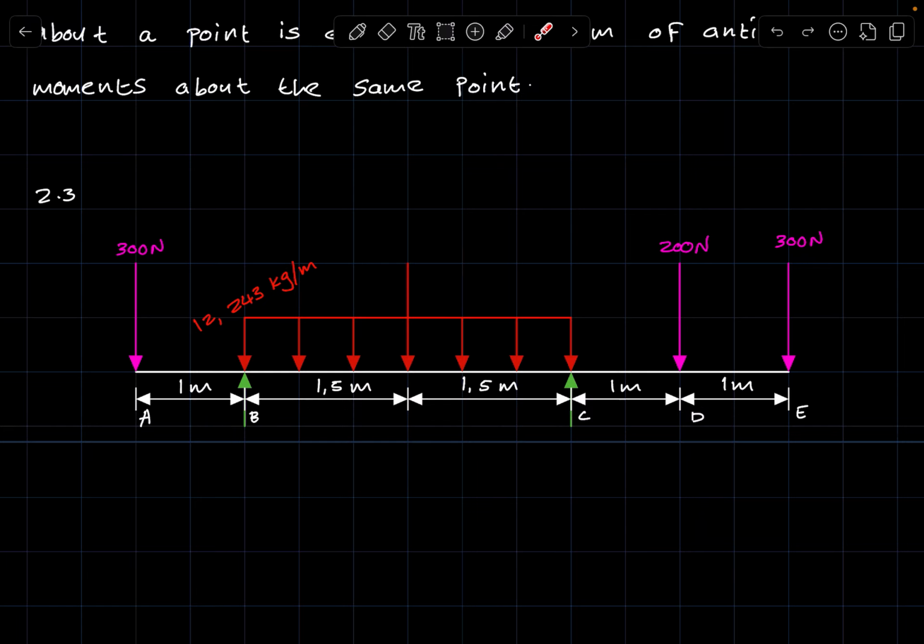So remember, if you have a mass, the weight of the object would be its mass times the gravitational acceleration, right?